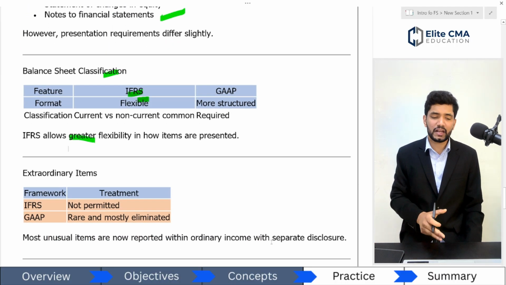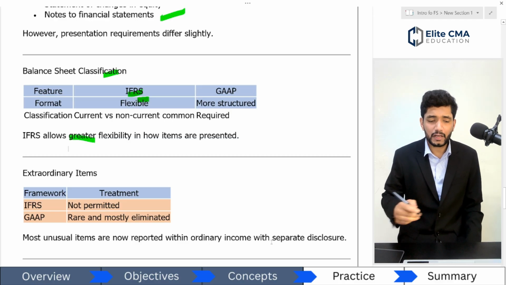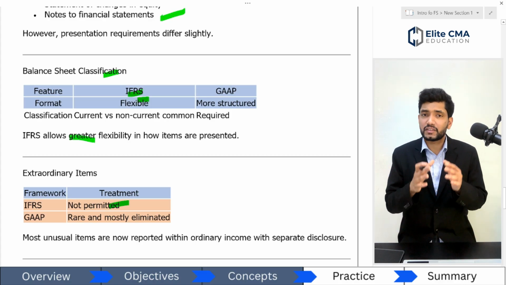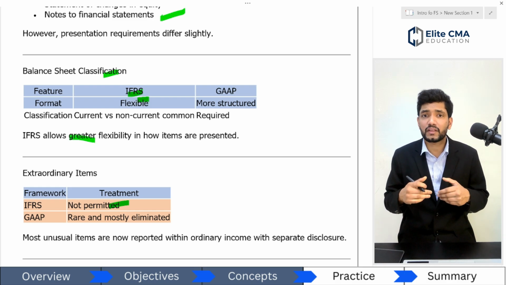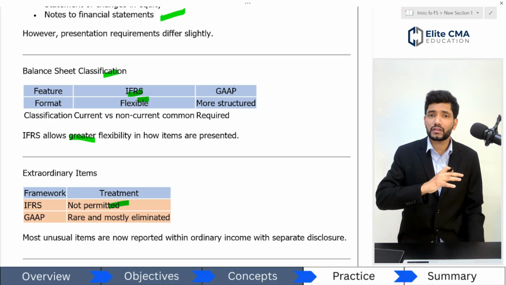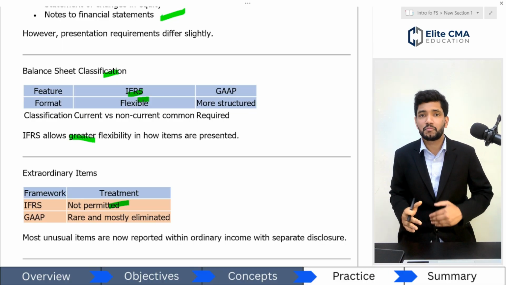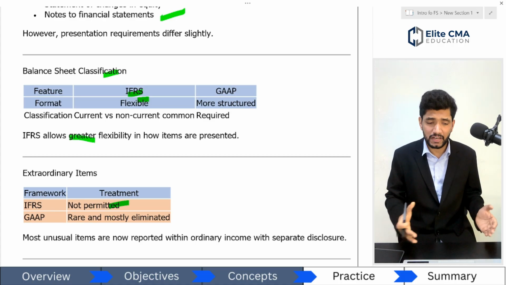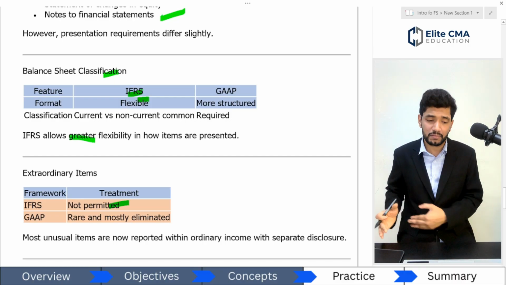Then extraordinary items. In IFRS, extraordinary items are not permitted, and in US GAAP, they are rarely allowed and mostly eliminated.